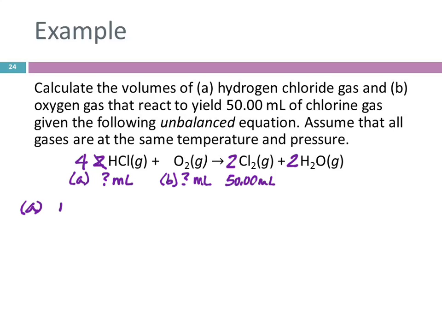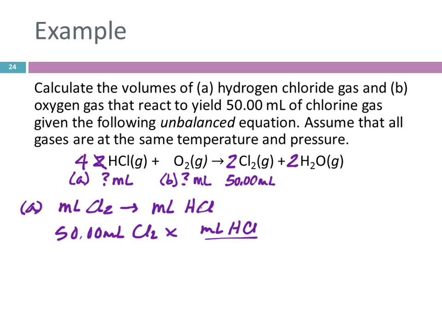The path for A is going to be milliliters of Cl2. This is volume of gases. Just one step. Milliliters of Cl2 to milliliters of HCl. 50 milliliters of Cl2 times milliliters of HCl in the numerator, milliliters of Cl2 in the denominator, just to cancel the units out.